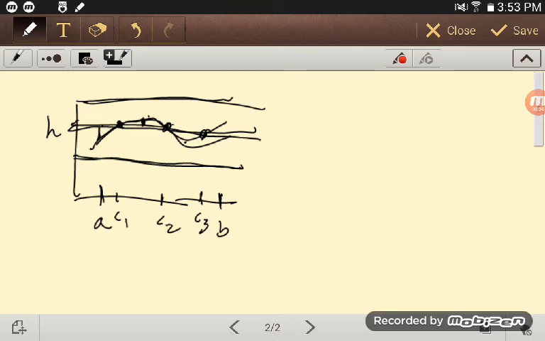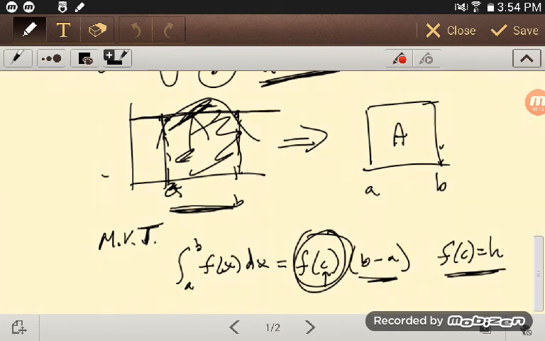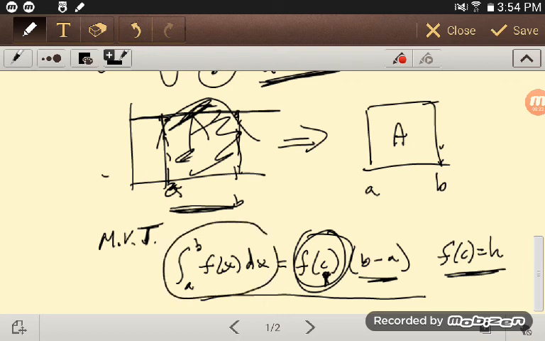And from this definition of average, it just seems reasonable that the mean value theorem would be there. And so we can find such a c between a and b that we could replace that definite integral with just a constant, or a multiple of the width.